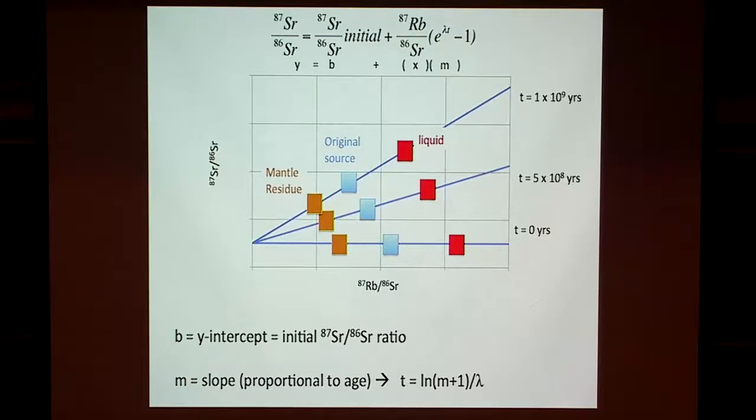So at t equals 0 in this equation, at the very moment when you had a piece of mantle that you melted, thereby generating a residue, at t equals 0, the strontium isotope ratio for the melt, the residue, and the original source are all the same.